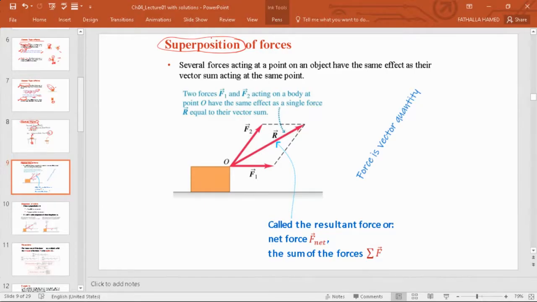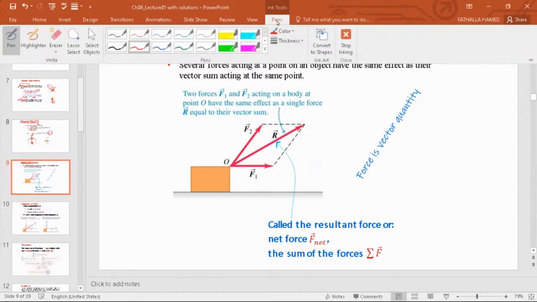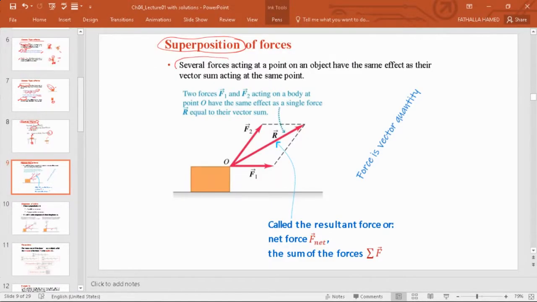So when you have two photos or layers and you want to put one on top of the other, we say superimposed. In forces, as we discussed earlier, we said the force is a vector. So when you deal with more than one force, which we say here, several forces acting on an object, then you have to get the combined effect of that. And the combined effect of that, that means you have to add all these forces, and you have to deal with them like vectors. And that's why we say here superposition of forces.